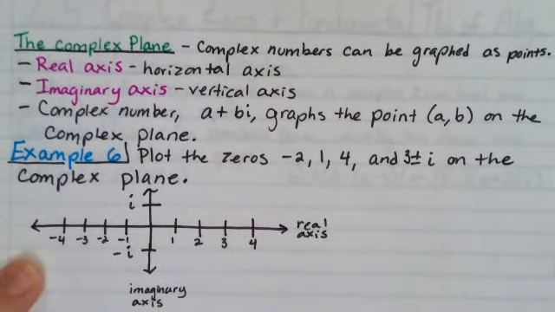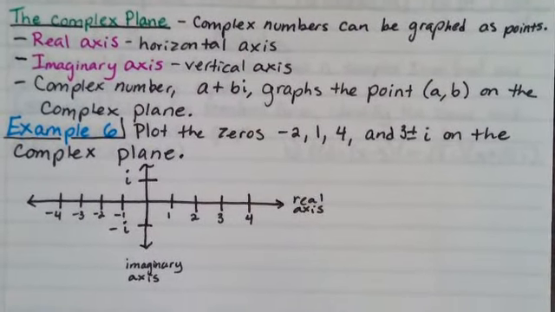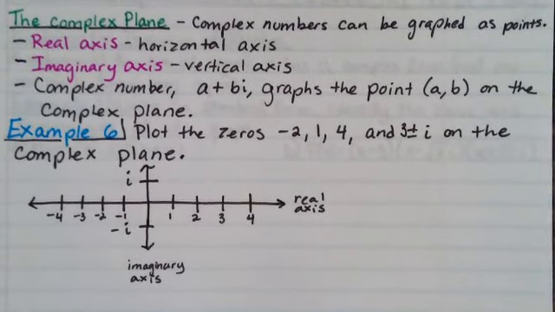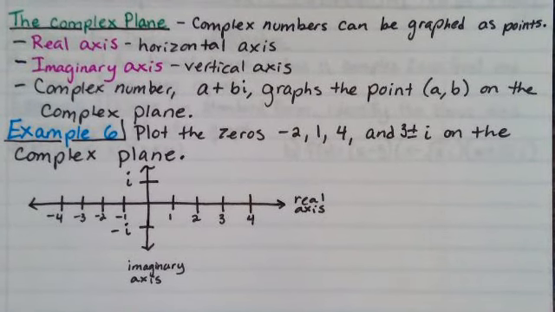A little bit more notes for you guys. The complex plane, right? We're going to talk about how they've decided we can graph complex numbers as points. Instead of using just an XY axis, that would be using a real axis as your horizontal axis and imaginary as your vertical axis.